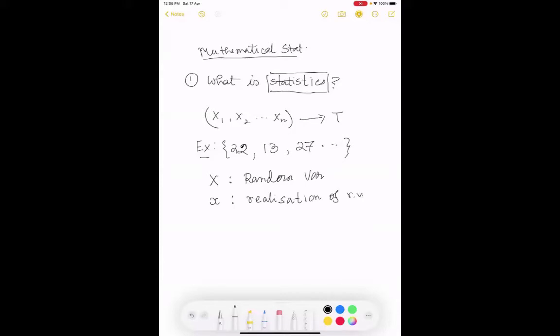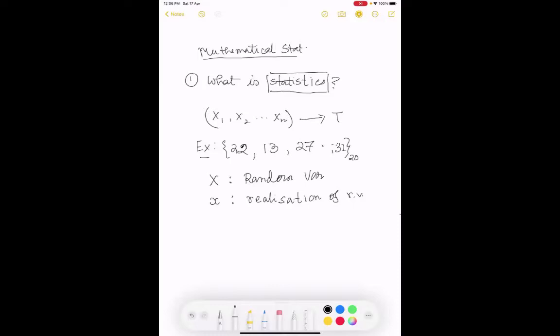Now, generally, suppose we have asked 20 people randomly chosen from the CMI community how many mathematics books they have, and they have responded with the numbers.